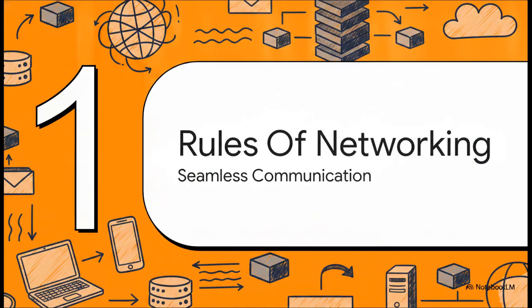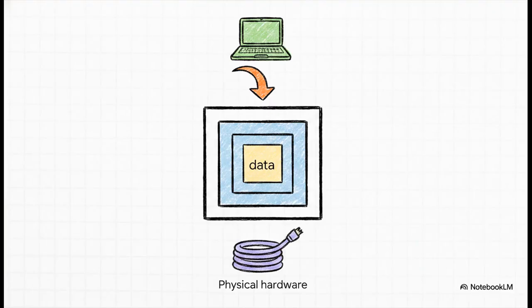Section 1. The rules of networking. Let's dive right in and understand why these layered models are so vital, because without them, the internet as we know it simply wouldn't exist. By segmenting messages and using specific protocol data units, layered models ensure seamless data encapsulation. Think of it exactly like those Russian nesting dolls.